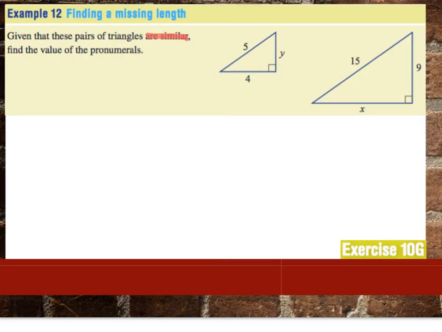Now, I'm going to change a little of what I've done previously. I'm not going to calculate the scale factor. What I'm going to do is use ratios, like we've done in a chapter earlier on. So I'm going to say which sides are corresponding.